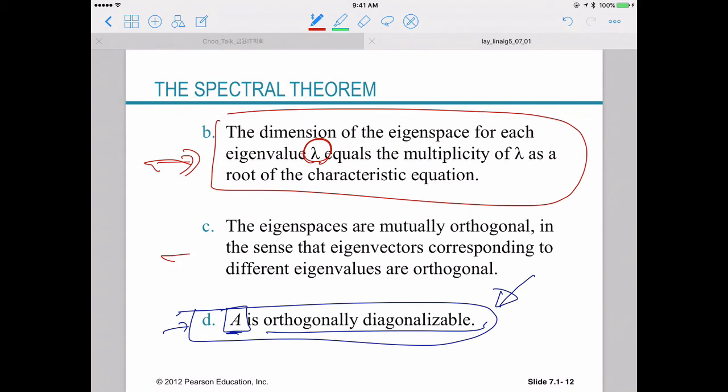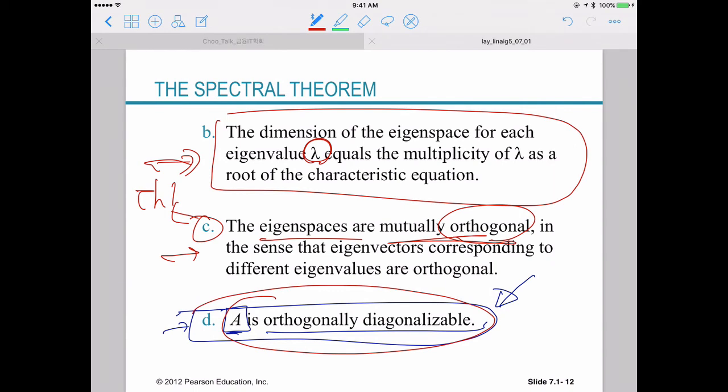Then the C part is actually theorem 1: eigenspaces are mutually orthogonal, which means different eigenspaces will always be orthogonal to each other. So in conclusion, A has n real eigenvalues, counting multiplicities, and each eigenvalue has the same geometric and algebraic multiplicity.